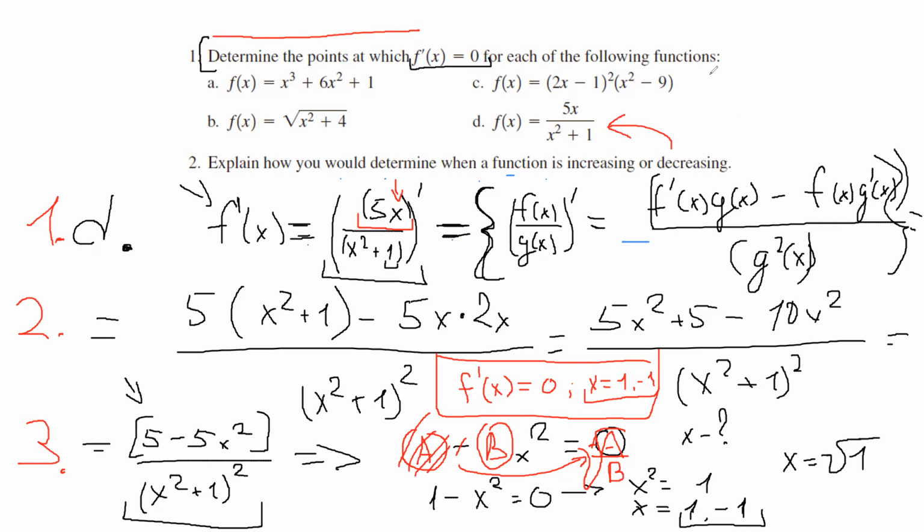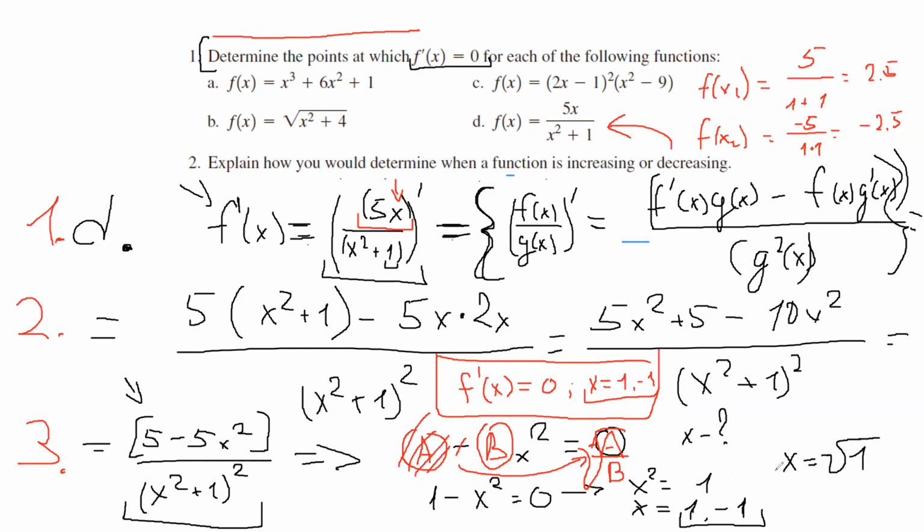So we're going to have two solutions, f of x1 and f of x2. In the first case, it's going to be 5 over 1 plus 1, and in the other case, when it's negative, it's going to be -5 over 1 plus 1 again. So it would be 2.5 and -2.5.